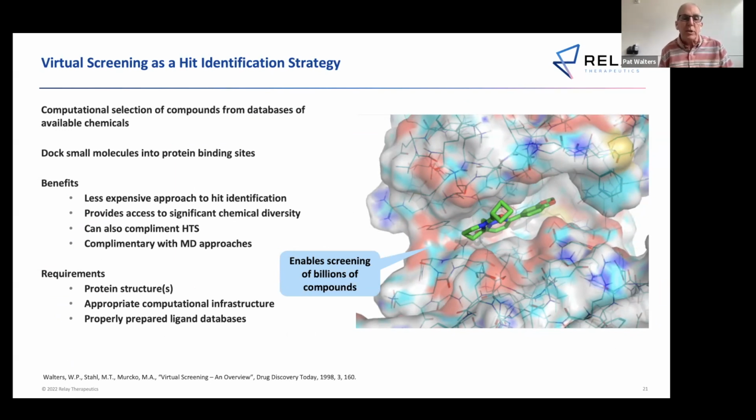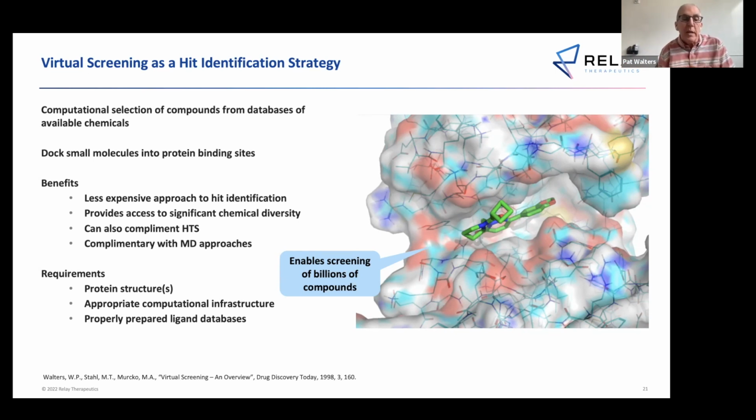And I probably don't have to spend a lot of time talking about virtual screening, but just for anybody who hasn't seen this, in virtual screening, we typically start out with a protein structure where we have a binding pocket, and then we're going to computationally screen through large sets of molecules, varying different translational and rotational degrees of freedom, trying different orientations and trying to figure out which molecules will fit into this binding pocket.